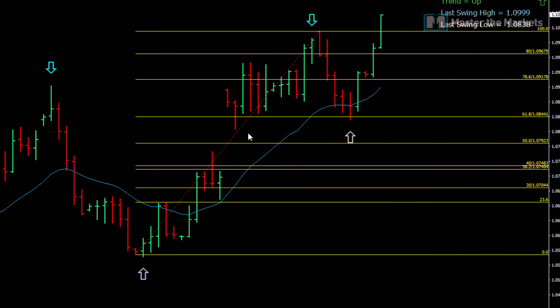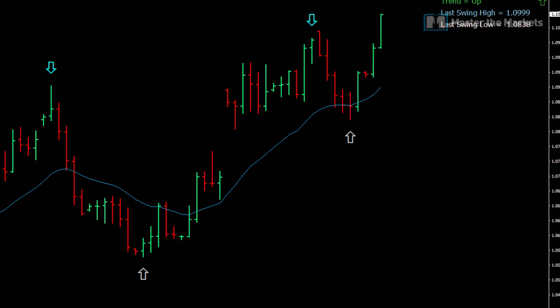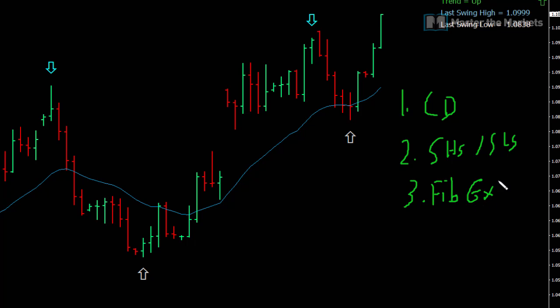Then you measure them and compare them to the three target levels that I just mentioned, and you choose the best one out of those three. Just to recap, the first one is cycle depth, the second is swing highs and swing lows, and the third is your Fib extensions. So definitely do look into this in terms of your target analysis.